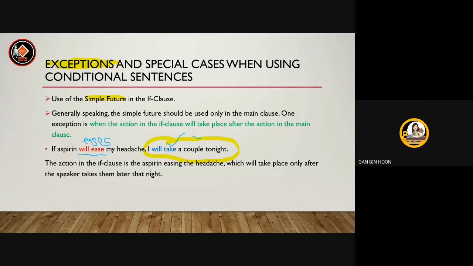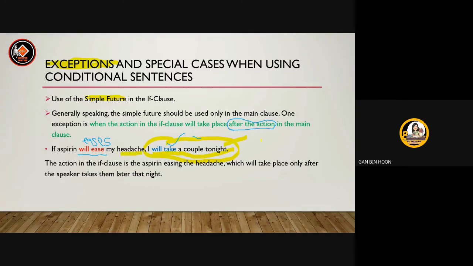But this is correct. Kenapa? The clause will take place after the action. Okay, bermaksud kalau saya makan aspirin, I take a couple means beberapa. Bermaksud kalau saya makan aspirin ni, I will take a couple tonight. Saya makan beberapa malam ni, esoknya, okay, pening saya akan hilang.